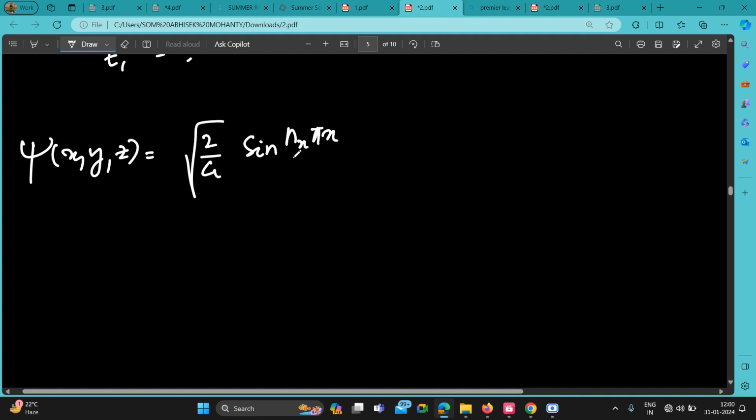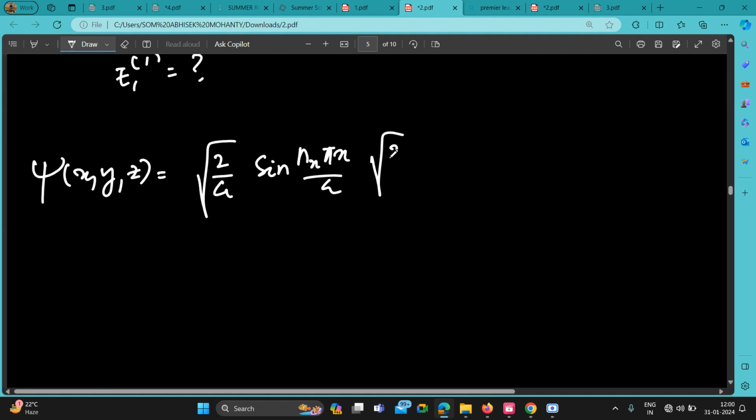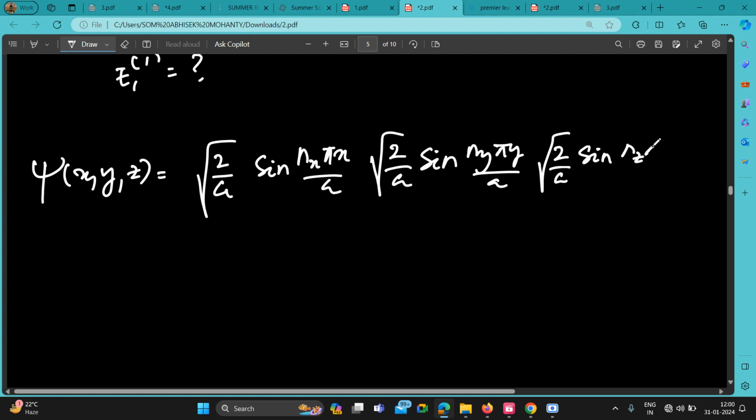First of all, the wave function psi(x,y,z) is 2 by a sine nx pi x by a, because all the lengths are a, 2 by a sine ny pi y by a, 2 by a sine nz pi z by a. Now the perturbation will be applied. So E_GS1 is psi H dash psi.